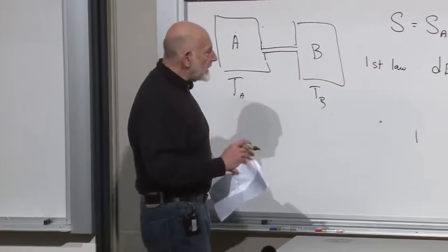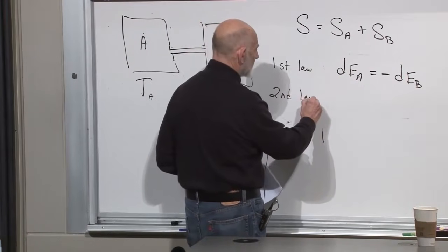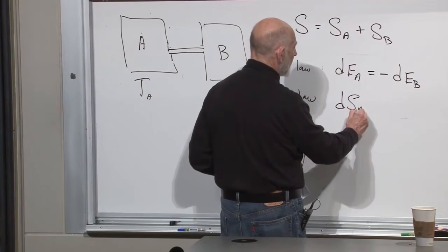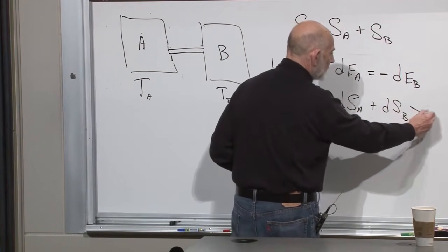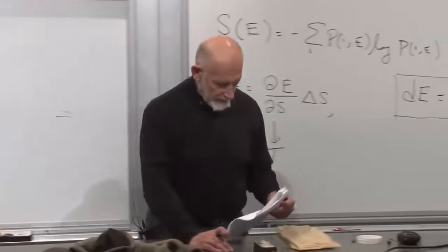Next, the second law of thermodynamics: the change in SA plus the change in SB is greater than 0. Entropy increases. Again, something we will need to justify.